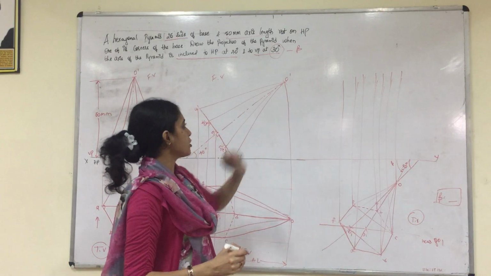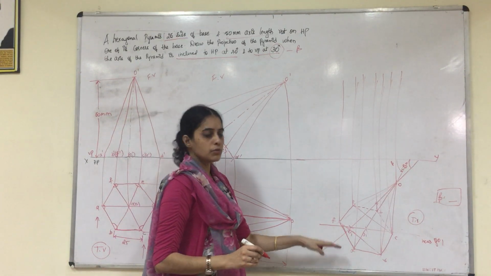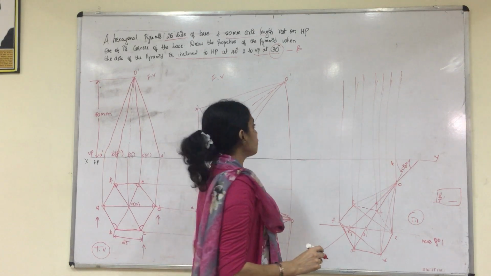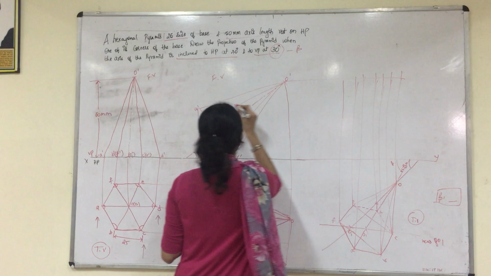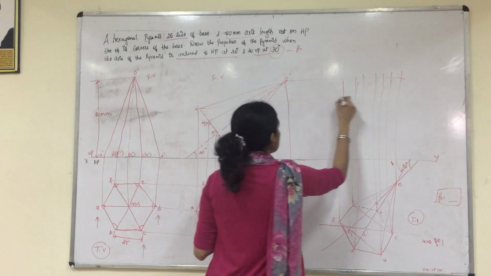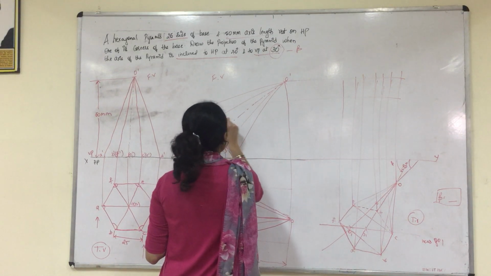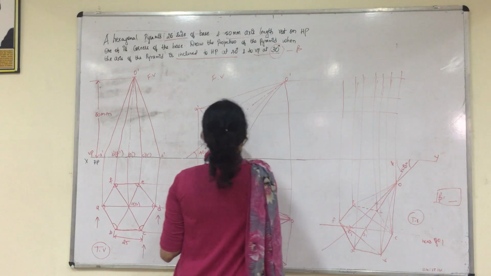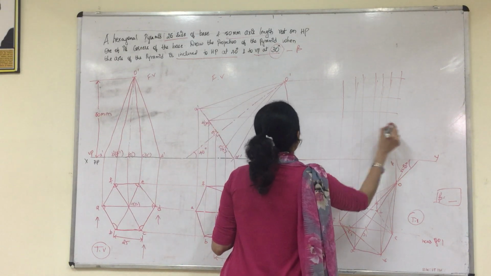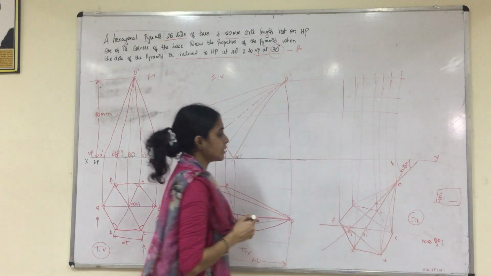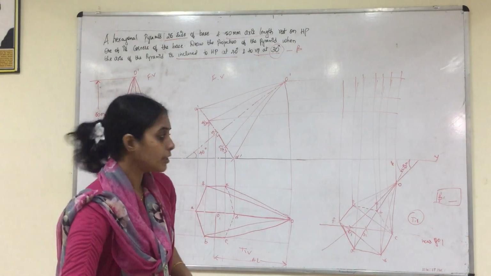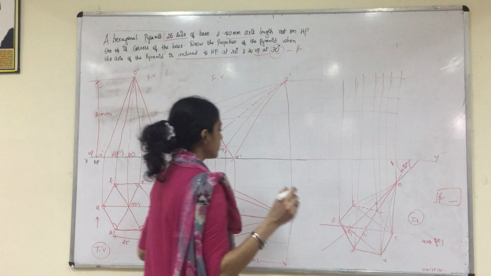Once you take the projection above from the top view, we have to extend the projection from our front view also. So please take the projection from O dash, A dash, B dash, O1 dash and C1 dash. Right?